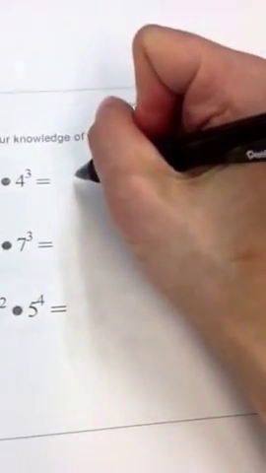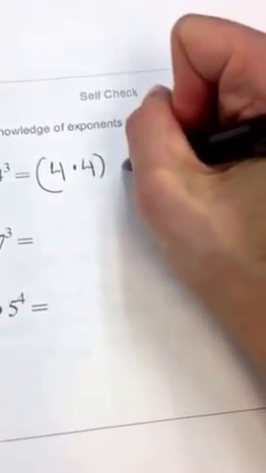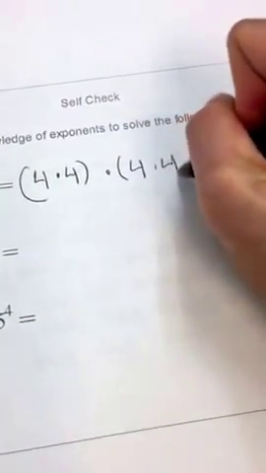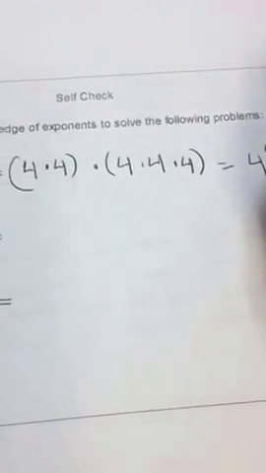We're going to go ahead and skip this for now. If I have 4 squared times 4 cubed, what I have is 4 times 4 times 4 times 4 times 4, which is equal to 4 to the 5th power.